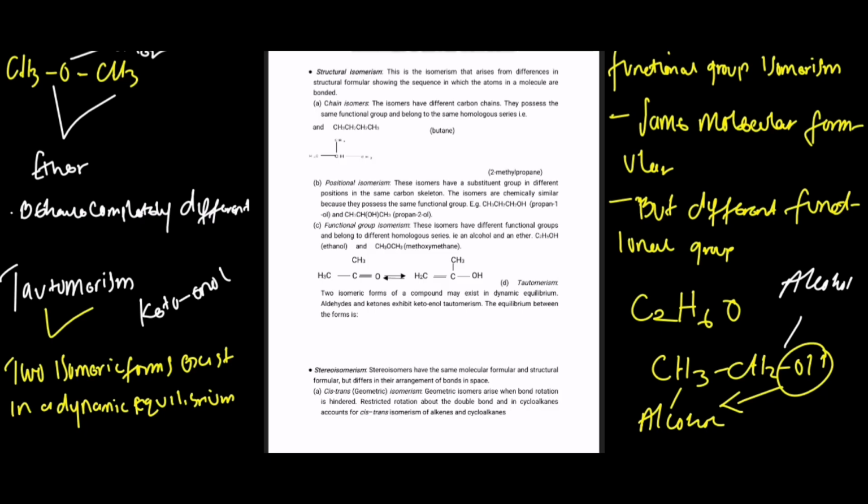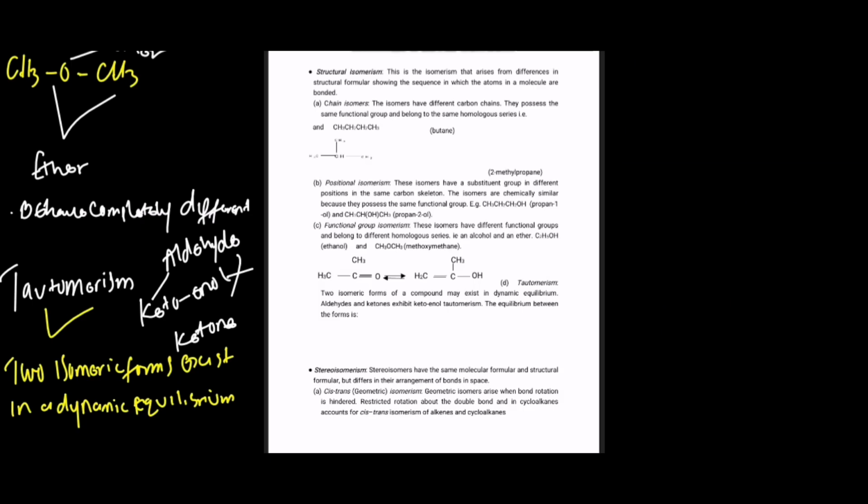The keto-enol tautomerism, the aldehyde and the ketone, they are the common example of the keto-enol tautomerism. One form is the ketone form. I will explain.